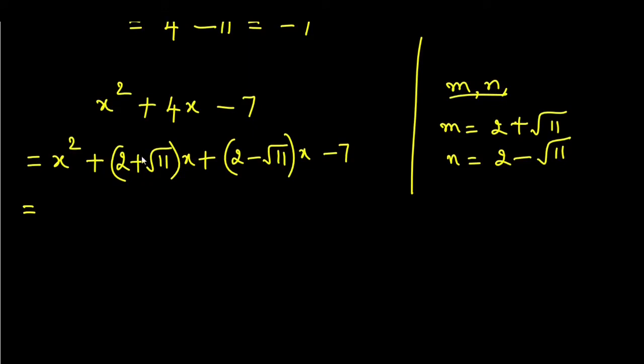Here we will group these two. x is a common factor for these two terms. When x is taken as a common factor, we remain with another x here. x into x is x square. Here 2 plus root 11.